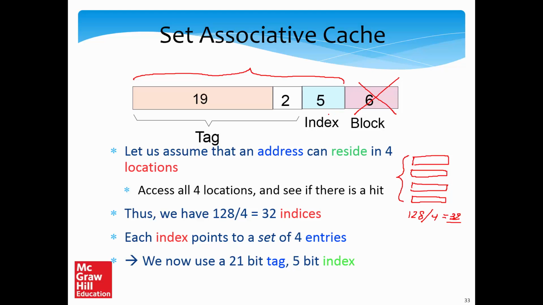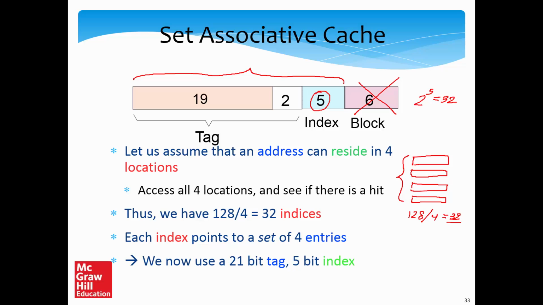Then since we have 32 sets, we'll first take the lower 5 bits of what's remaining, and 2 to the power 5 is 32. So just so that we have our discussion in the right context, we will use the lower 5 bits to first index and access the right set.